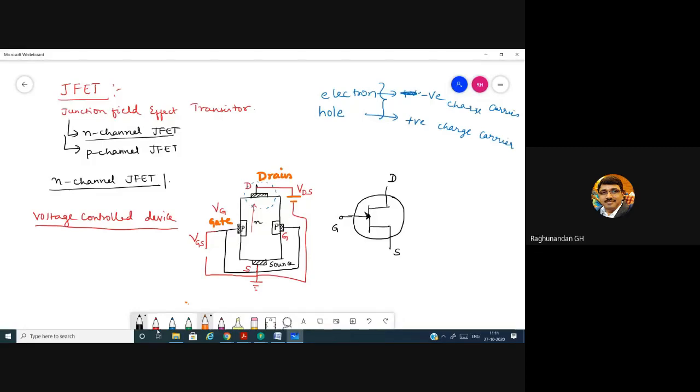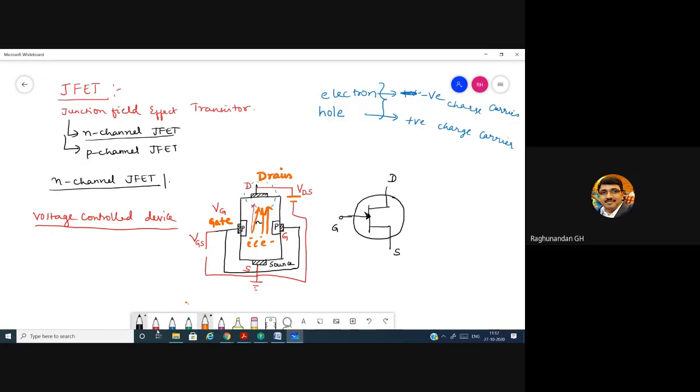So now we'll see the working. When I increase the positive potential, more and more electrons, the electrons which are here and there, start getting attracted towards this drain, because there is a force of attraction. Initially, I have not given any voltage at the gate.